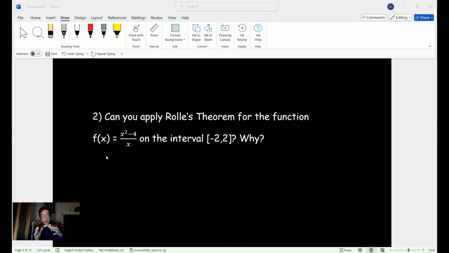So even though you can evaluate the expression for negative 2 and 2, and you get 0 in both cases, the lack of continuity and differentiability invalidates an application of Rolle's theorem. So it doesn't apply in this case because the function is not continuous or differentiable on the interval due to the discontinuity at x equals 0.